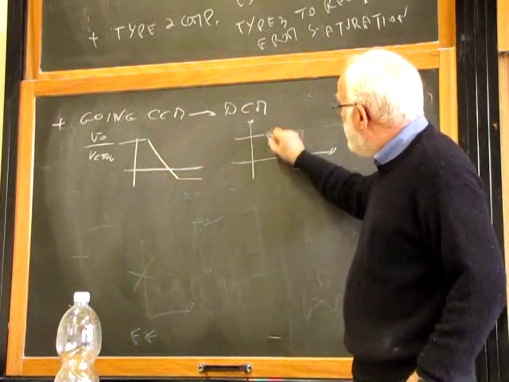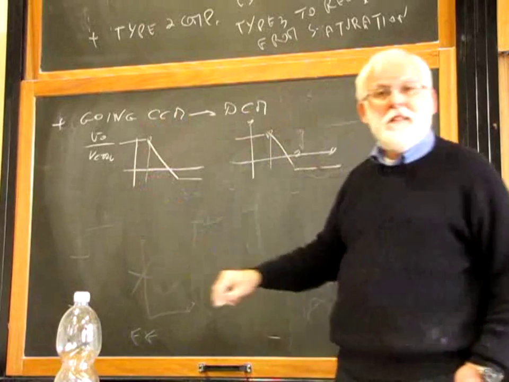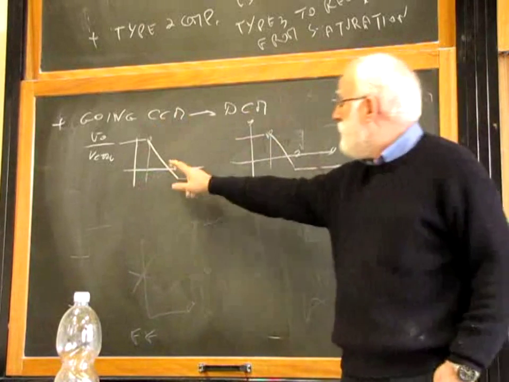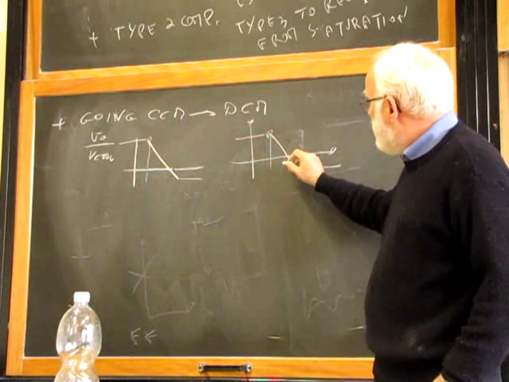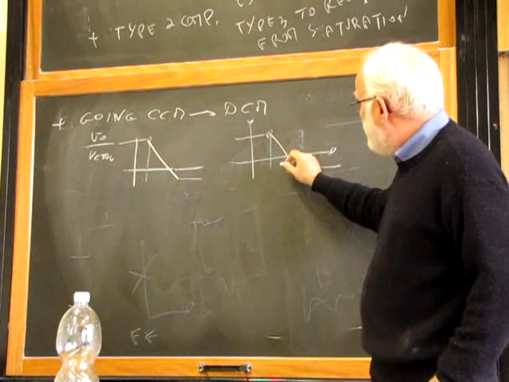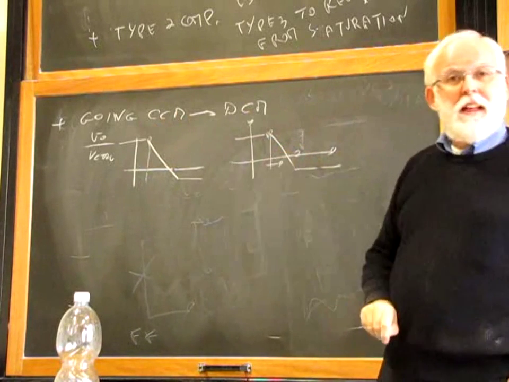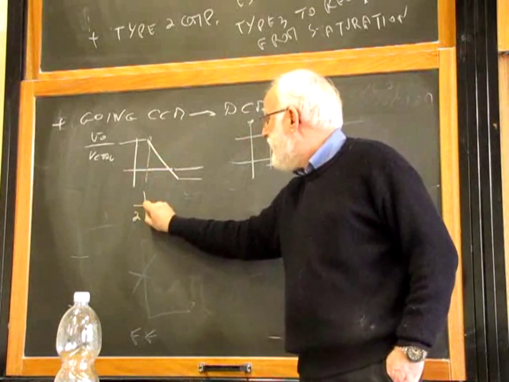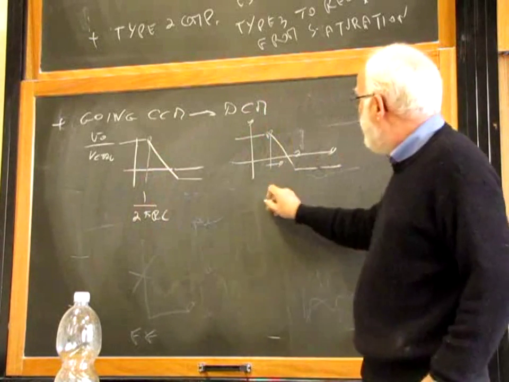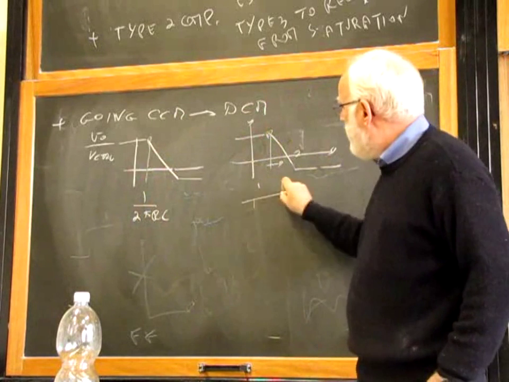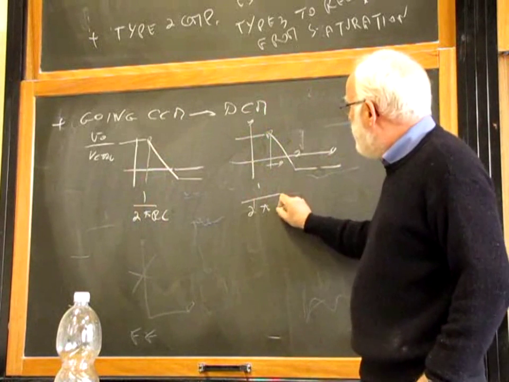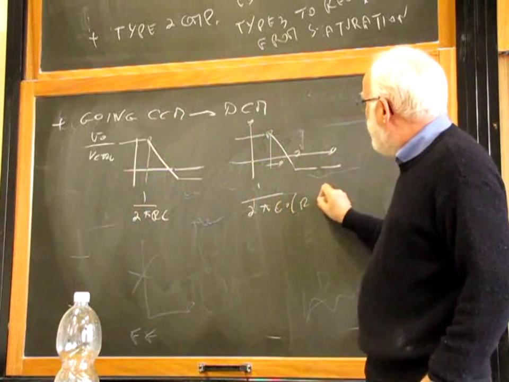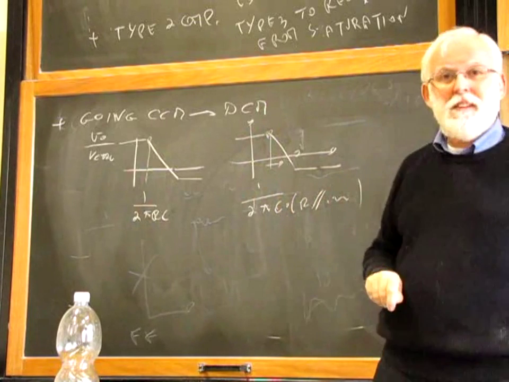The pole changes a little bit in frequency. When you move from here to here, the pole goes up. Here it is 1 over 2 pi RC. Here it is 1 over 2 pi C times R in parallel with something else.